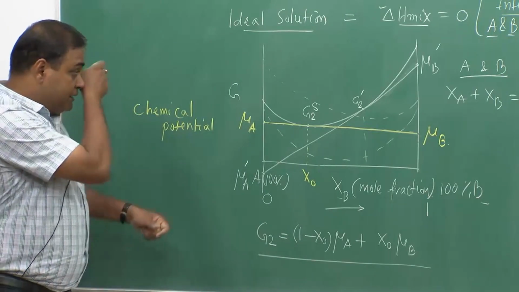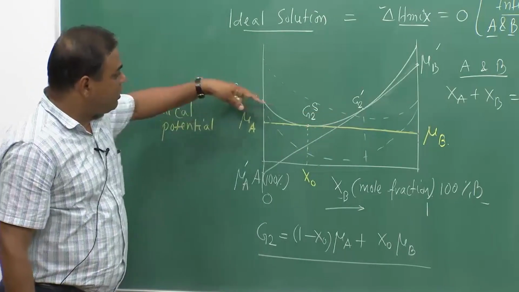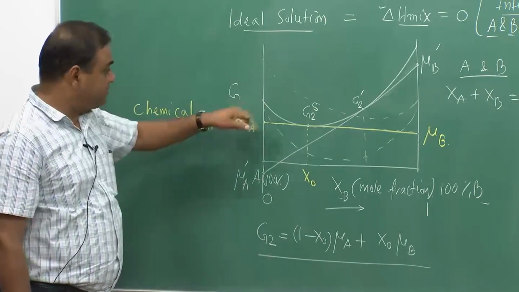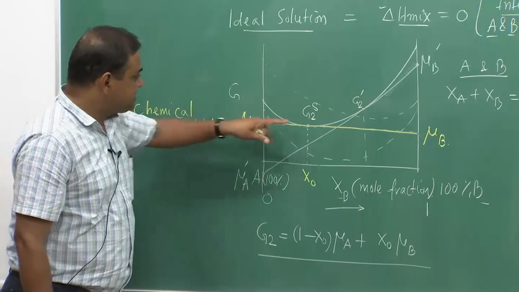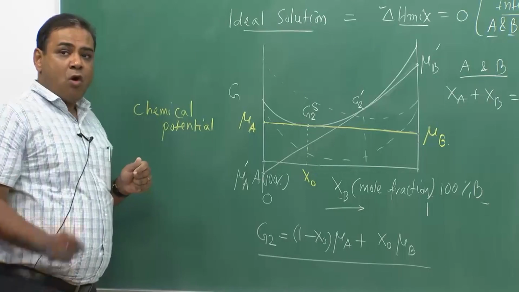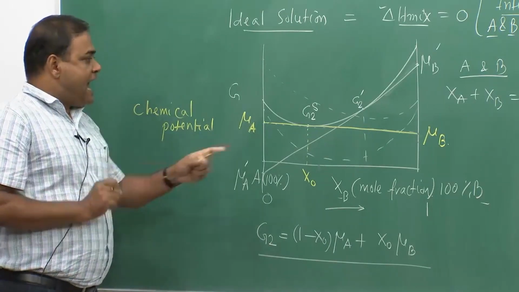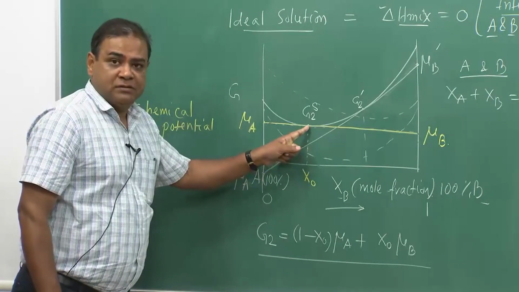Okay. Now, that means at any point, if we draw a tangent over this graph, then these intersection points will be the mu values, the chemical potential of that particular component at this composition. Okay.